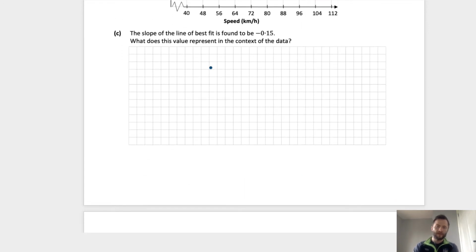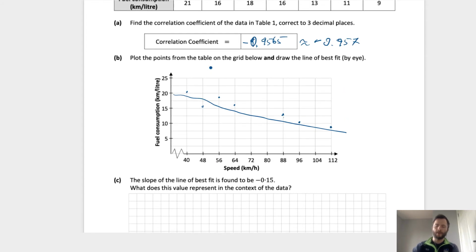So what does this value represent in the context of the data? The way I would explain this is as follows. As the speed increases, the fuel consumption in kilometers per liter decreases. So the slope of the line of best fit is found to be minus 0.15.